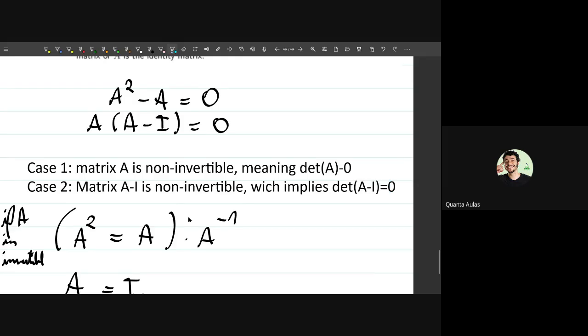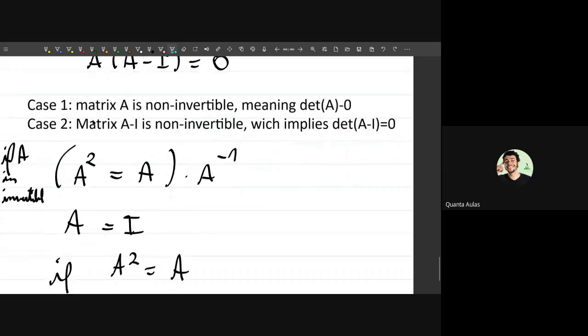But this thing is not invertible, yet A needs to be invertible, because we need 0 in our multiplication, right? So I consider this thing not invertible, but it is necessarily invertible.